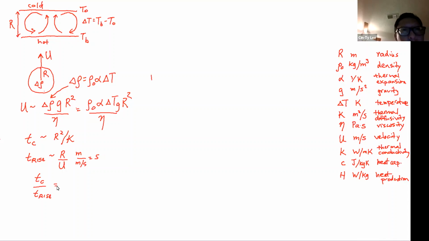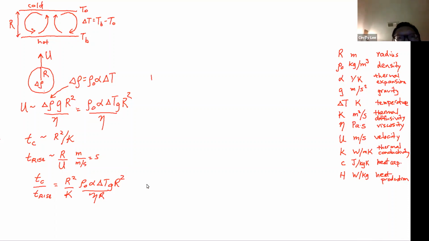And that would be taking these two and combining them, r squared over kappa. And this u, or this velocity, is what I just laid out there. And that ends up being rho 0 alpha delta T g r squared over eta, over r. It's a horrible eta, sorry about that.